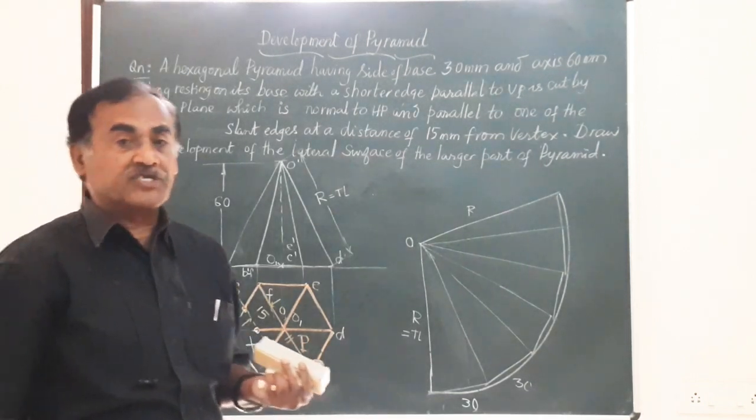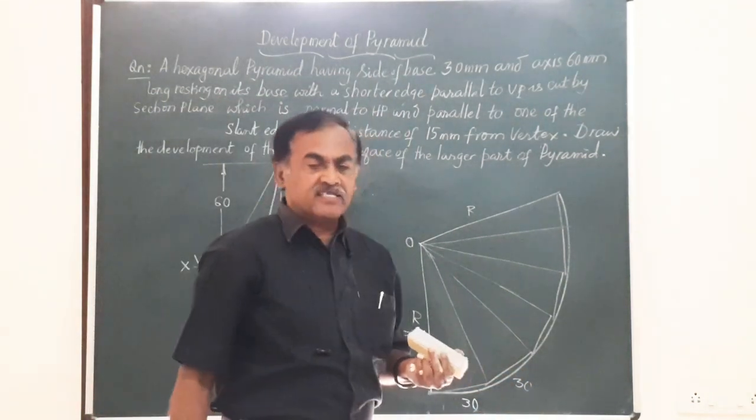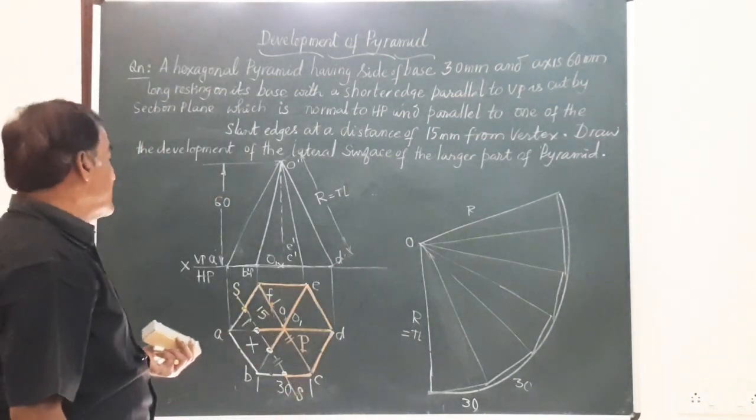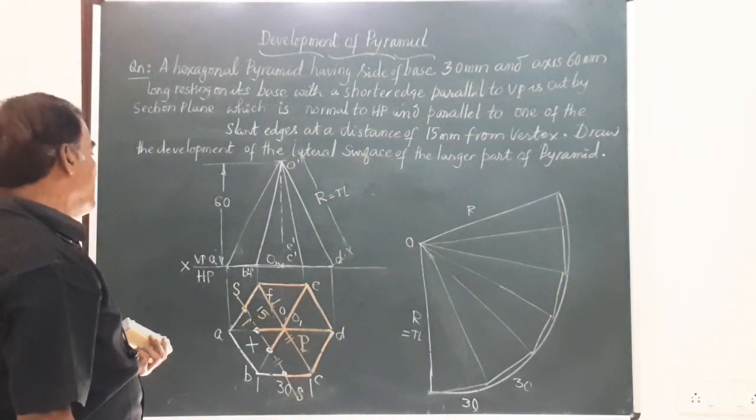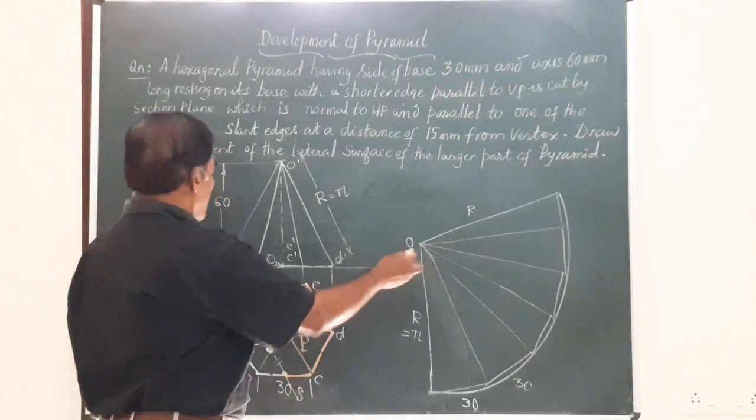So we have done the major part of the development. We have located the points where the section plane is cutting the slant edges and the base edges of the solid. And now friends, it is time to start with the development here.